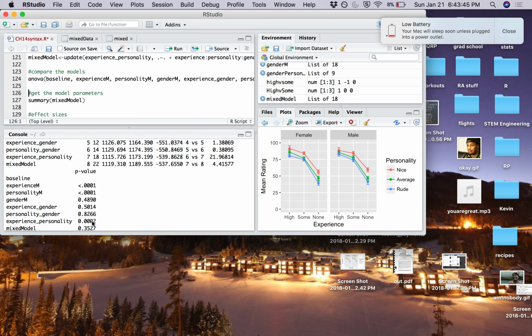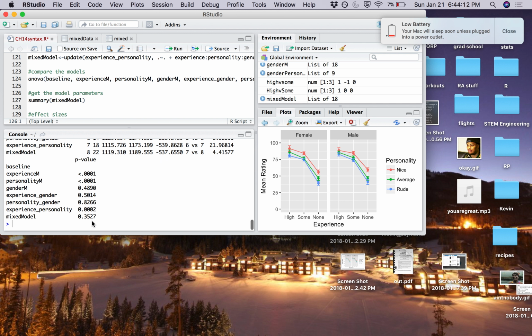And this interaction term means that if we ignore the gender of the rater, the ratings across different levels of experience were different for nice individuals, average personality individuals, and rude individuals. And then, as we've talked about before, we can say that this also means the ratings across the different levels of personality were also different for people who had high experience, some experience, and no experience.